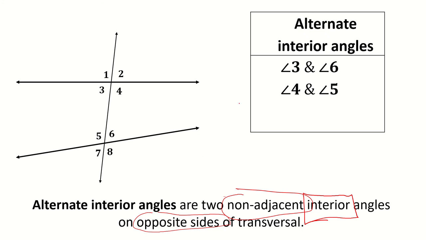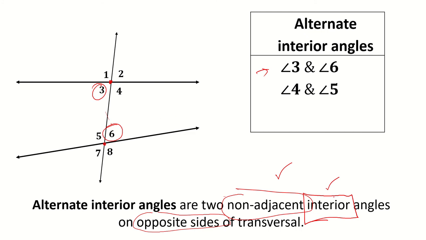So let's verify an example. Angles 3 and 6 are here. Notice that they are non-adjacent again because the vertices are here, and they don't share a common vertex. Next, interior angles. Notice that 3 and 6 are both inside the two lines that we have here.